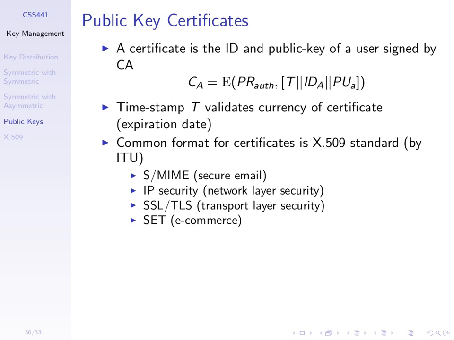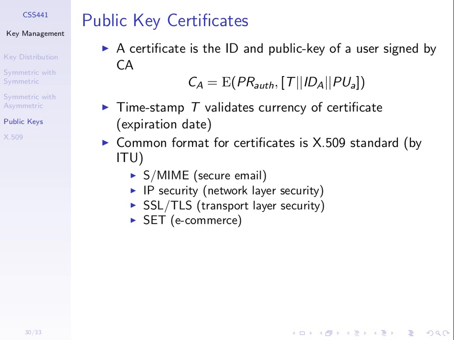So even though in these examples we sign by encrypting the message using the private key, in practice, and we'll see when we look at some examples, we take a message, we calculate the hash of that message, and we get a short hash value, short relative to the message, and then simply encrypt that hash value with the private key. So a real signature in practice is an encrypted hash value.